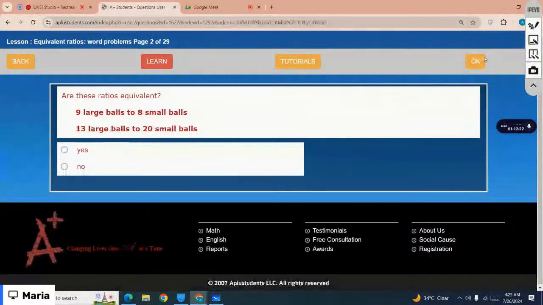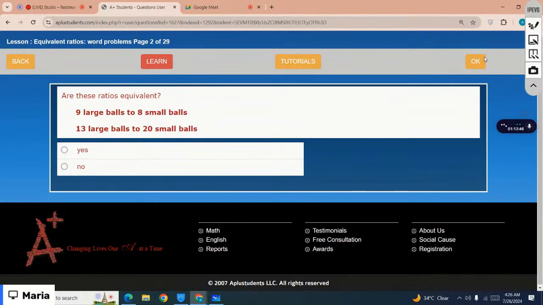Are these ratios equivalent? 9 large balls to 8 small balls and 13 large balls to 20 small balls? So, which is the correct option? Yes or no, please.